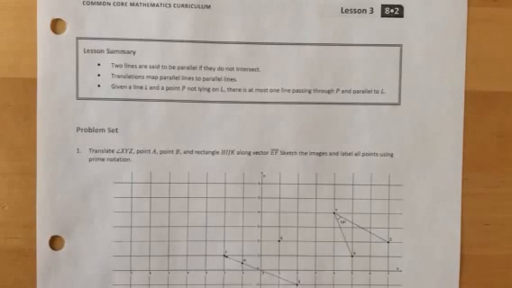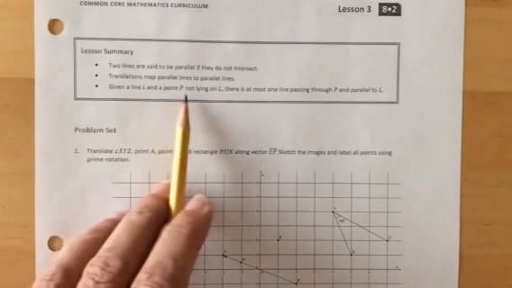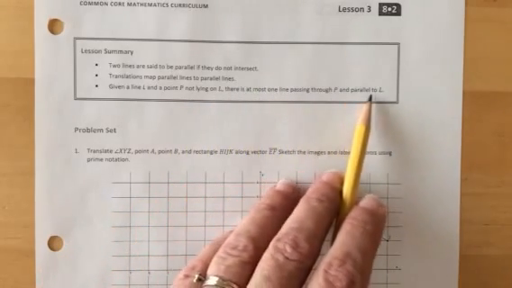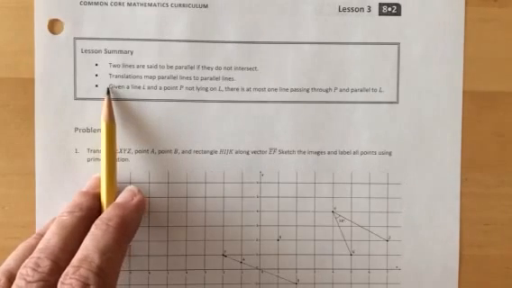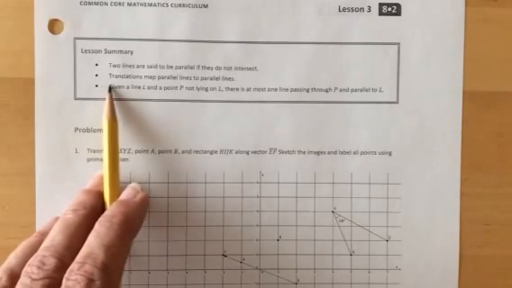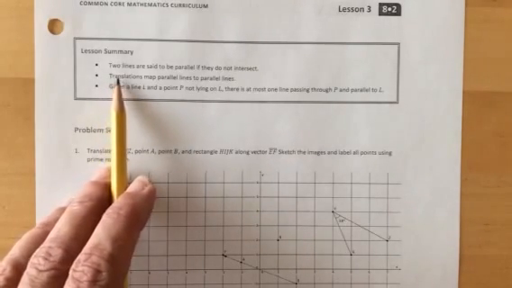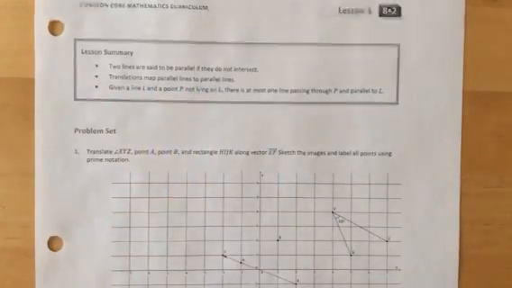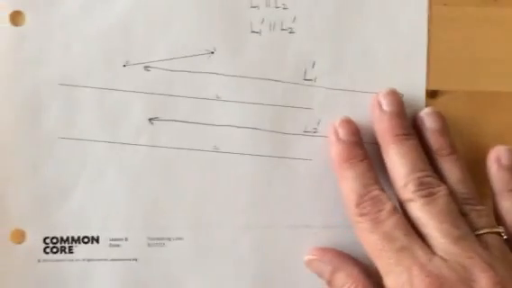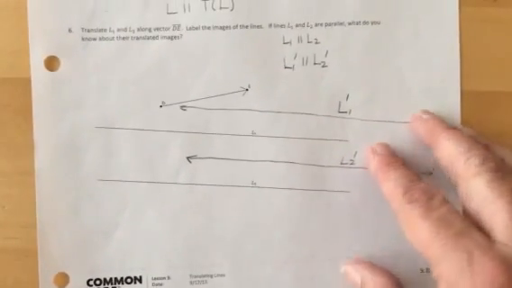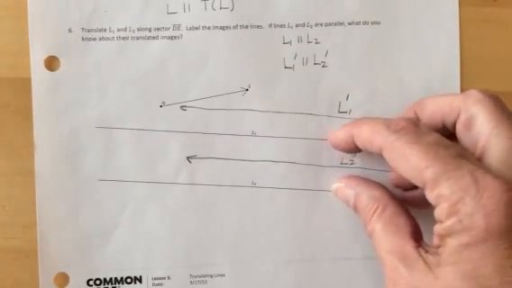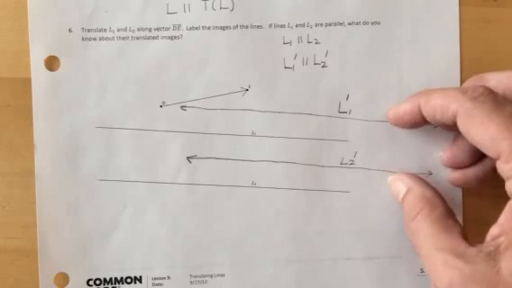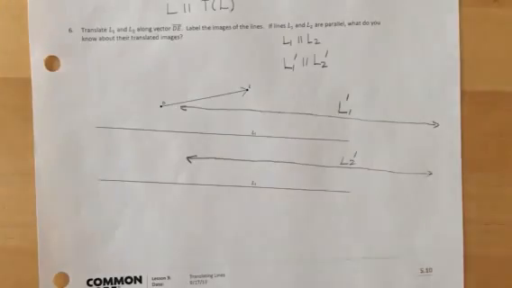This last one, given a line L and a point P not lying on it, there is at most one line passing through P and parallel to L. So we saw that. That's an important thing that we'll use in proofs. And then translations map parallel lines to parallel lines, and we saw that in this exercise. Okay, so we had a set of parallel lines, L1 and L2. They mapped to a new set of parallel lines, L1 prime and L2 prime.